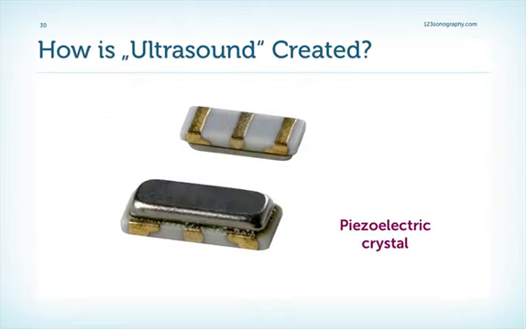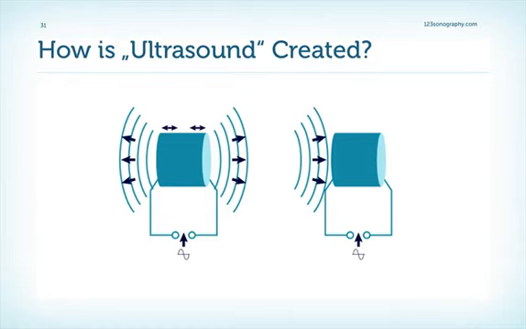But how does one create ultrasound waves in the first place? Well, with the help of so-called piezoelectric crystals. These crystals have a special property. If we apply an alternating current, then they start to resonate. They start to swing, and thereby they emit an ultrasound wave. By changing the frequency of the current that is applied, we can also change the frequency of the ultrasound beams which are emitted.